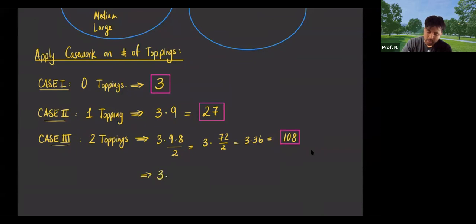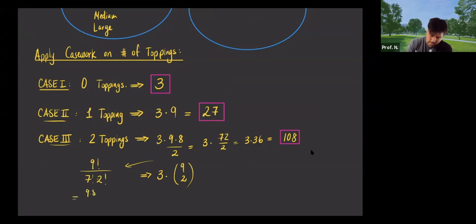Alternatively, you could have thought of the 3 choices as 3 choose 1. I have 3 choices, choose one of them for the size of the pie, and then multiply that by 9 choose 2. 9 choose 2 is exactly 9 times 8 divided by 2, because if you apply the formula to this, you get 9 factorial over 7 factorial times 2 factorial.